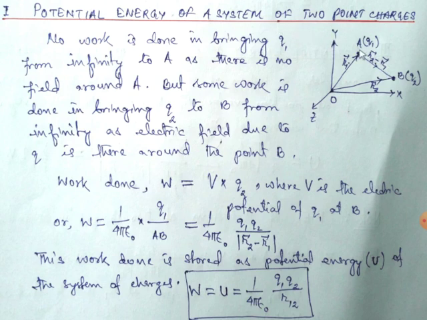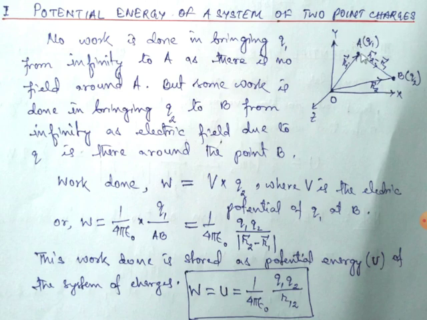Here there are only 2-point charges. As there are no other charges in the surrounding, we will call this a system of 2-point charges. So let's find it for 2-point charges, then 3-point charges, and then we will generalize it for multiple distribution of charges.